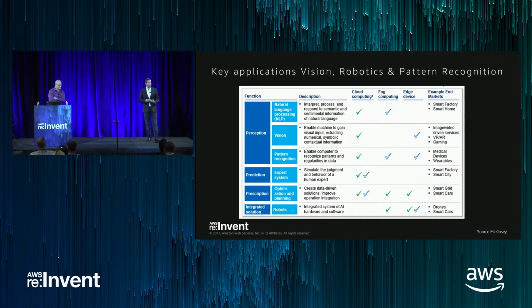And the last one is robotics. Robotics is quite advanced technically, but it's kind of static. What we'll see in the future is more intelligent robots. Intelligence means AI, means machine learning, means need for a lot of processing.